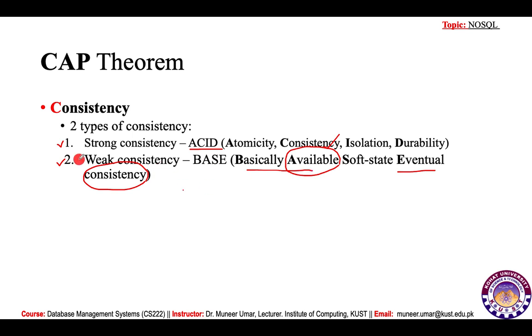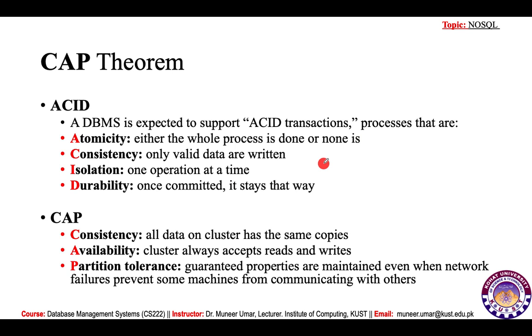Usually this weak consistency is followed by NoSQL. The relational databases follow the ACID properties, while the NoSQL follow the CAP theorem. In case of ACID properties, a database management system is expected to support ACID transactions. That means there would be atomicity, consistency, isolation, and durability.